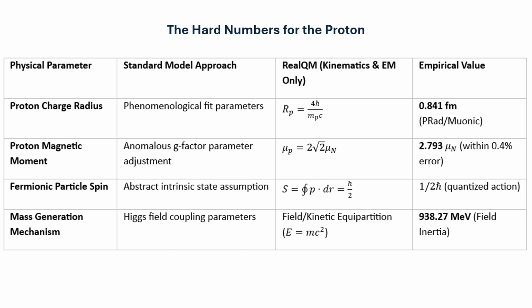We have Einstein's mass-energy equivalence formula, E = mc², and so for us mass emerges naturally, as said, as a measure of the inertia in the state of motion of that moving particle. The empirical value that we get is really 938.27 mega electronvolt, which is right on, of course.